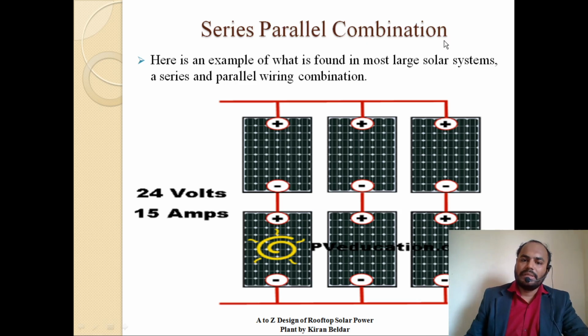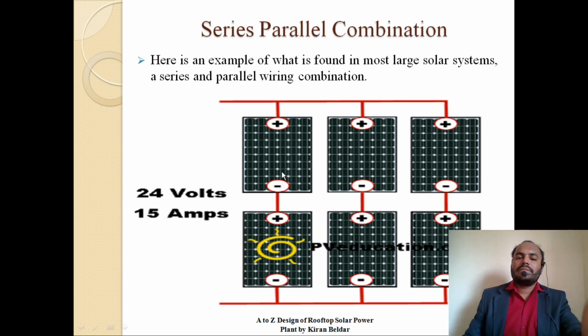Series parallel combination. Here we are connecting the solar modules in series and parallel connections. Let's say we choose 6 modules, out of which 3 sets are connected in parallel. Modules 1 and 2 are connected in series, so the positive and negative terminals are joined here.